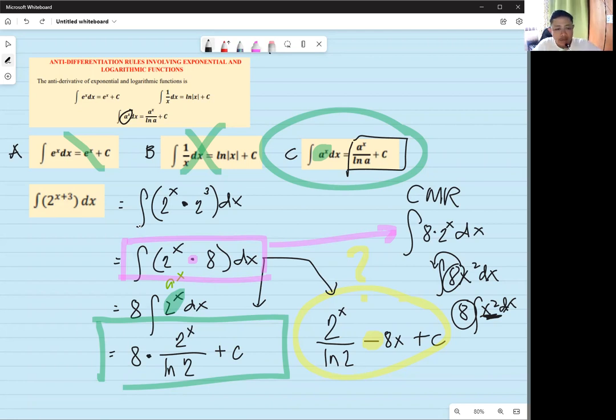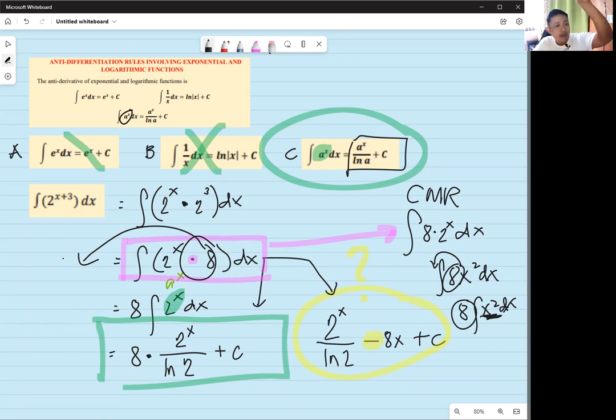Okay. Remember that when you transpose, it should go to the other side of the equation, beyond the equal sign. But in this process, in differentiation and anti-differentiation, we do not use transposition.